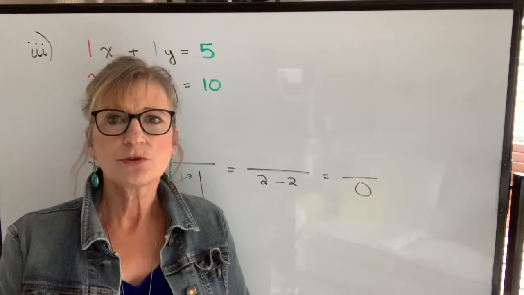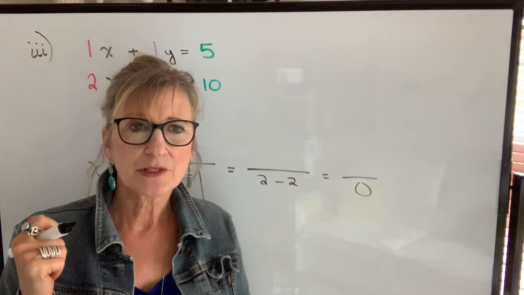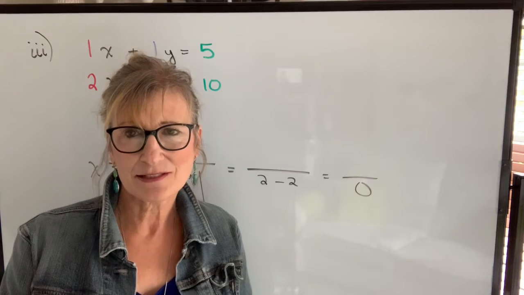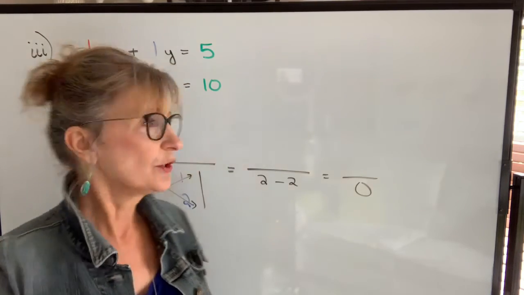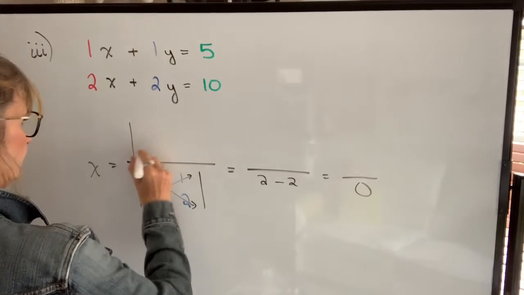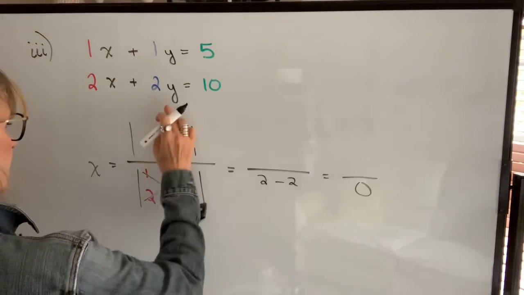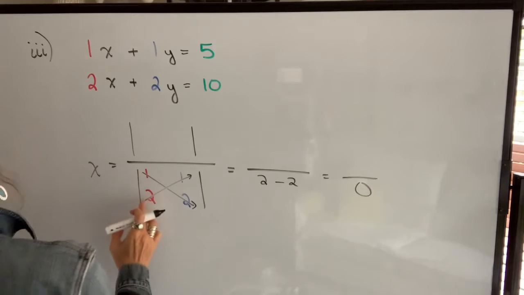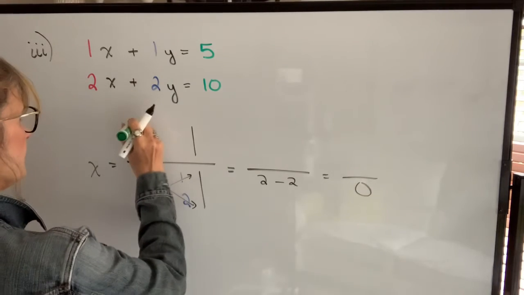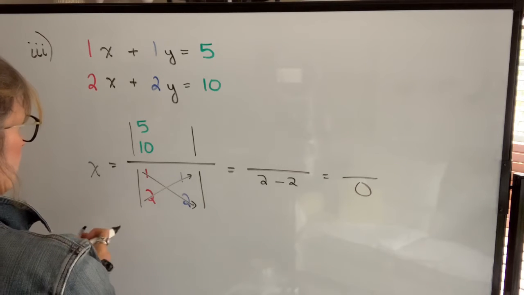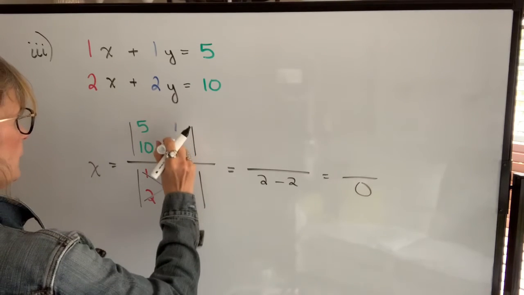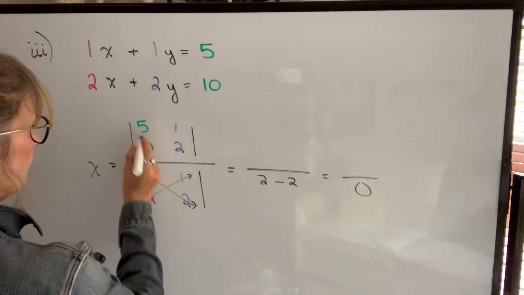So it tells you either this is a system that's inconsistent or it's a dependent system. In order to know which one, you would have to evaluate the numerator. So I'm solving for x, I replace my x coefficients with the constants. Keep the y coefficients and evaluate.